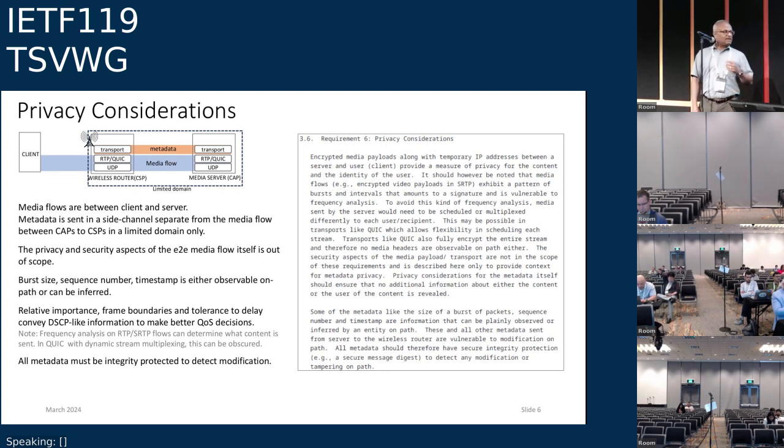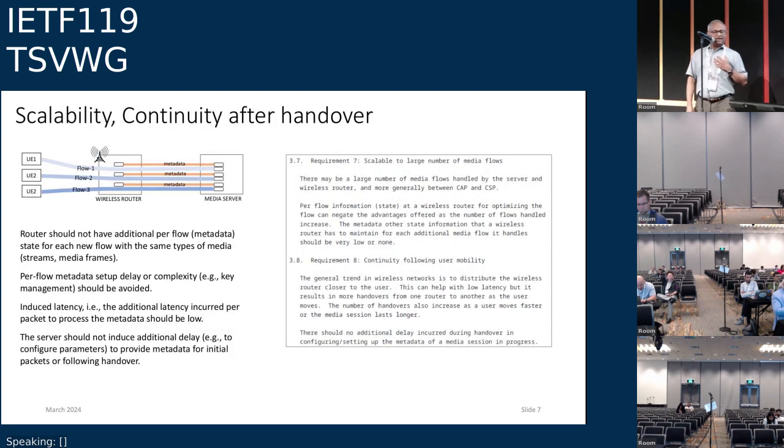Going to the next one, about scale and continuity after handover. The point we wanted to make is that since this is like QoS and is sent per packet, we need to consider how these mechanisms are configured. We should not have a configuration for each flow.